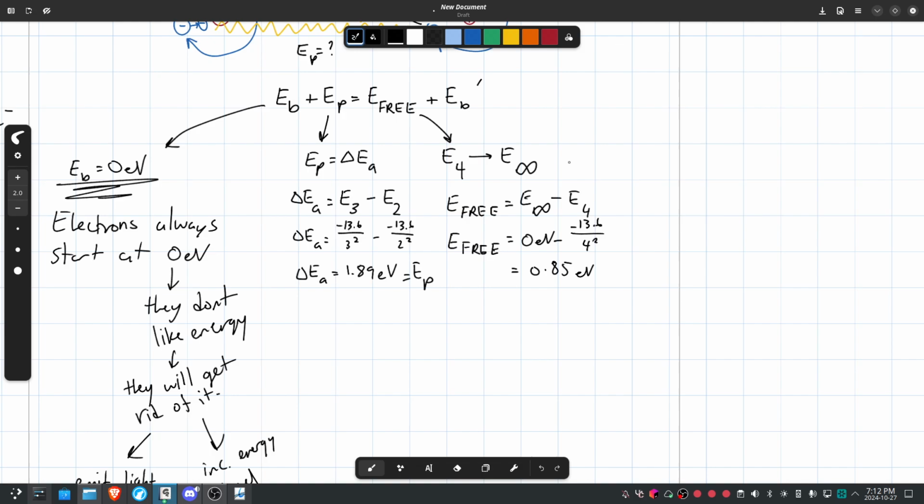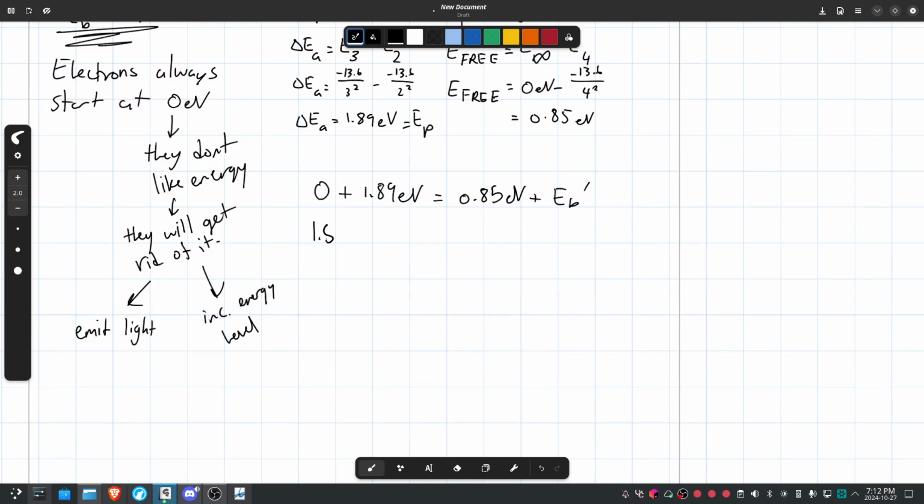So now we have all of these parts in place. We have 0 plus 1.89 eV is equal to 0.85 eV plus EB afterwards. So we have 1.89 minus 0.85 eV is equal to EB afterwards. 1.04 eV.